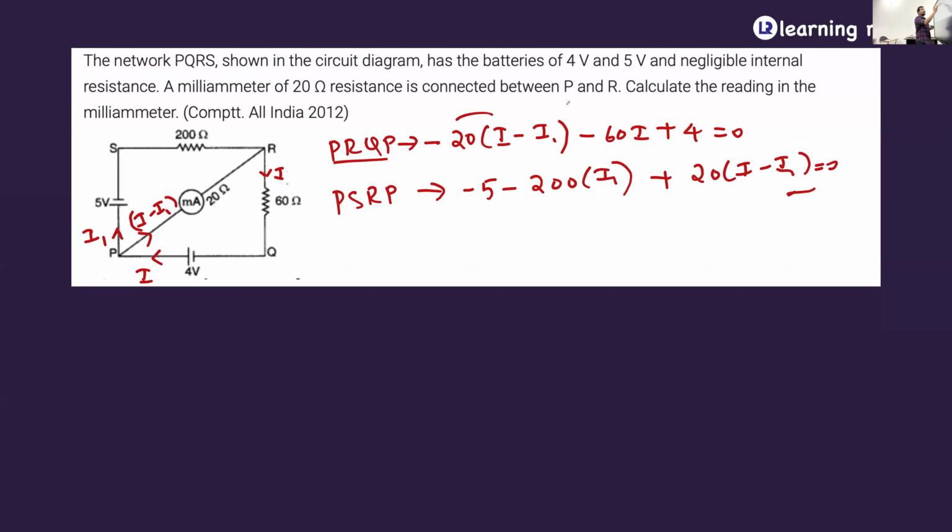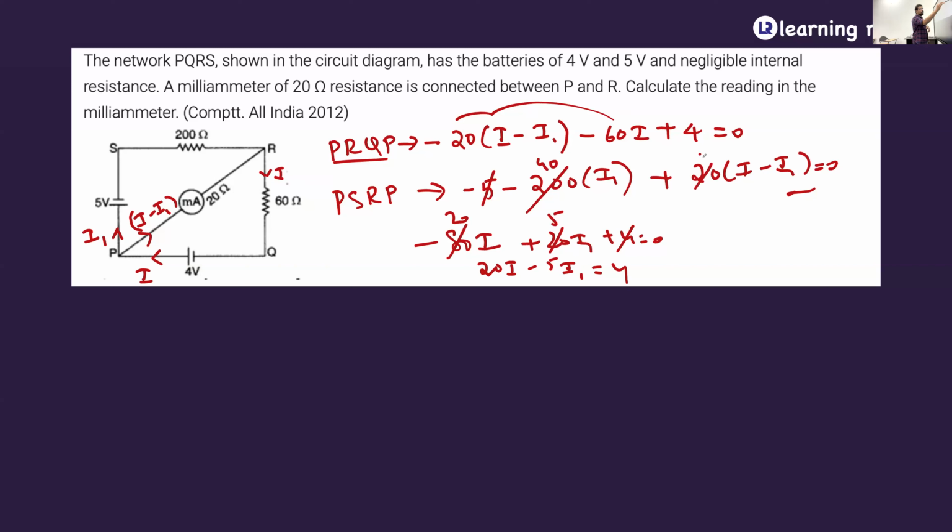See, minus 20I minus 60I minus 80I plus 20I1 plus 4 is equal to 0. This whole thing gets cancelled with 4. So 20I minus 5I1 is equal to 4. Right. Similarly, this gets cancelled with 5.